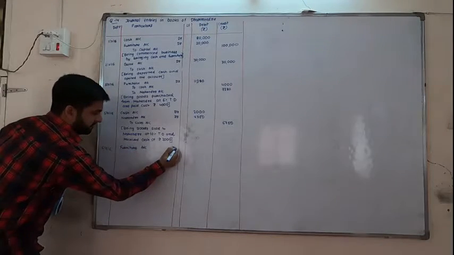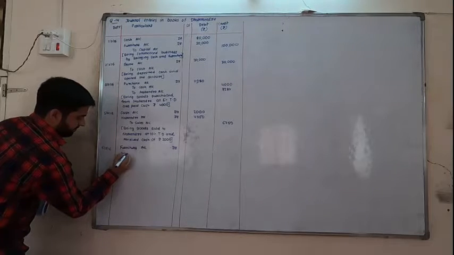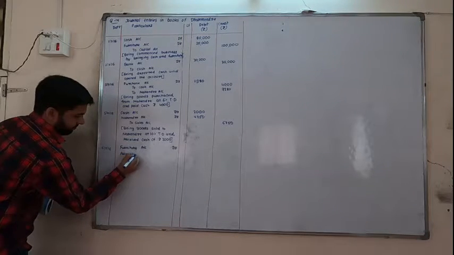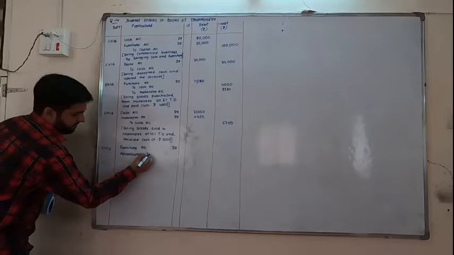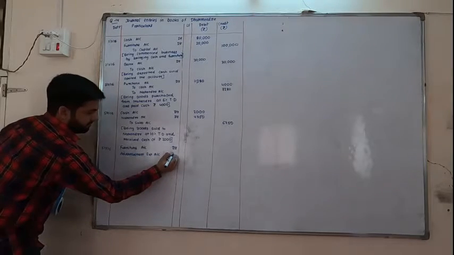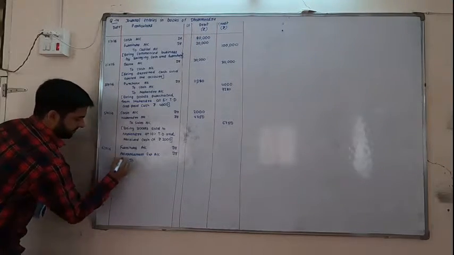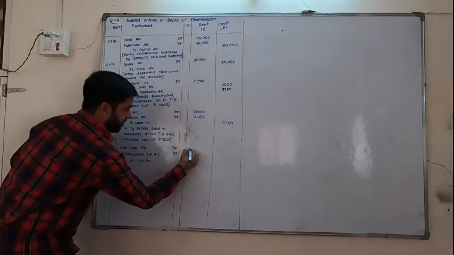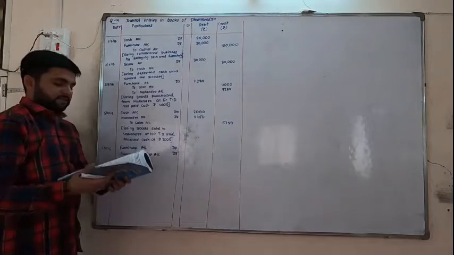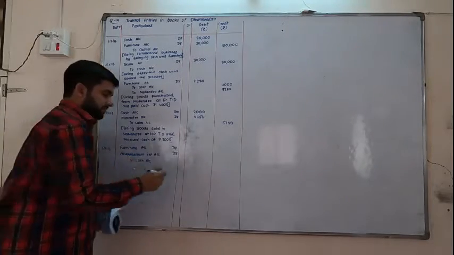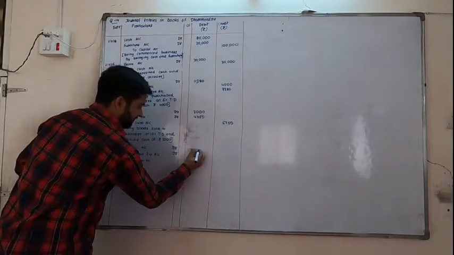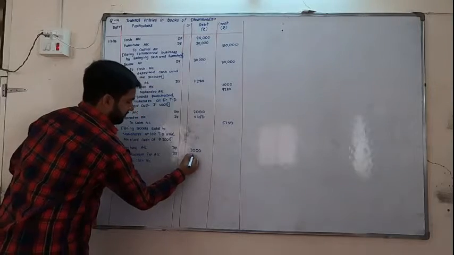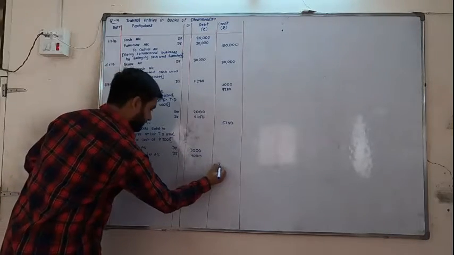Furniture account debit, advertisement expense account debit to cash account. Shop board is 3,000, here it is 4,000, so total would be 7,000.